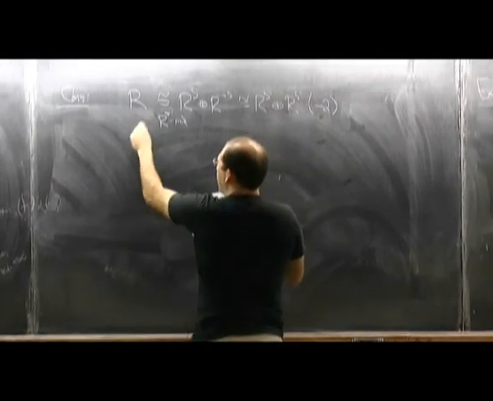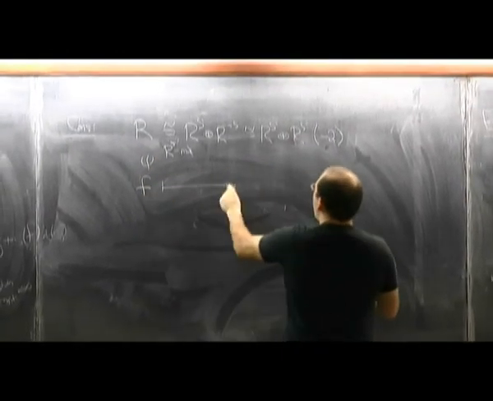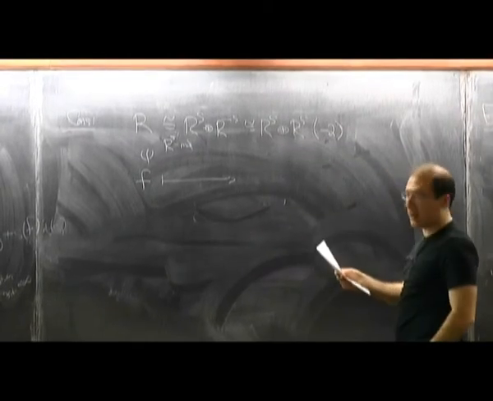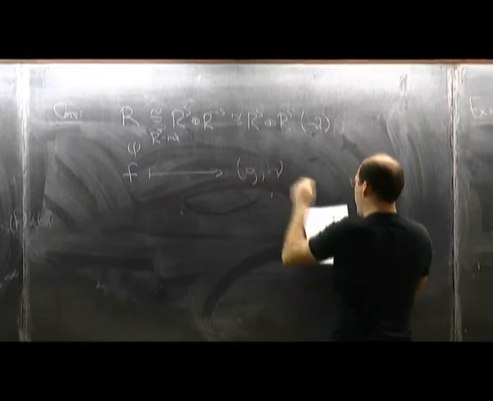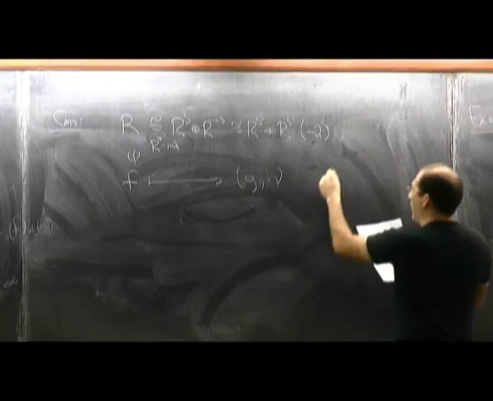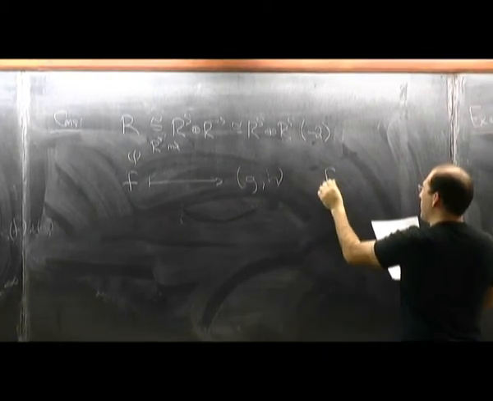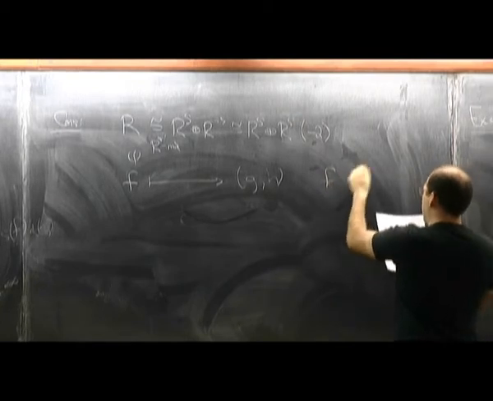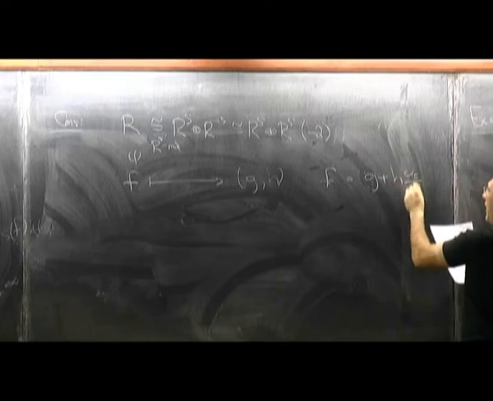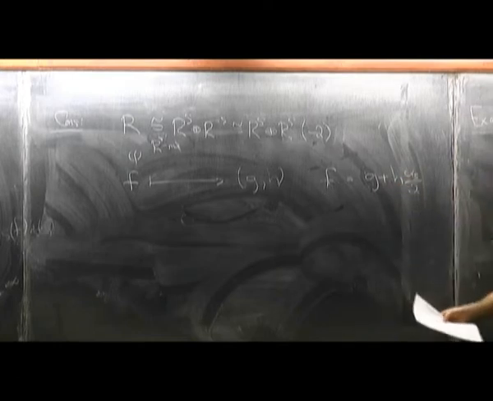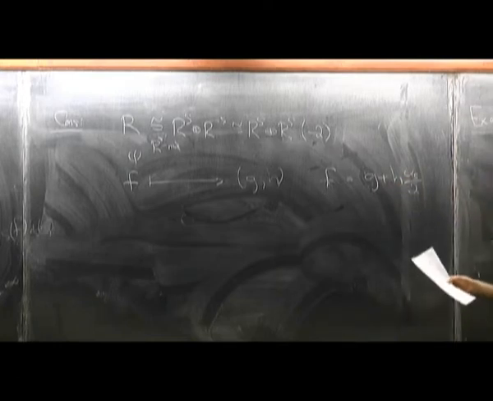And how do you write this decomposition? Given an element f here, you should be able to get a pair of symmetric polynomials, g and h. In other words, f is supposed to be equal to, it's actually going to be the case that f is g plus h times alpha s. Actually, alpha s over 2 is a better generator. Let's use alpha s over 2. Okay?